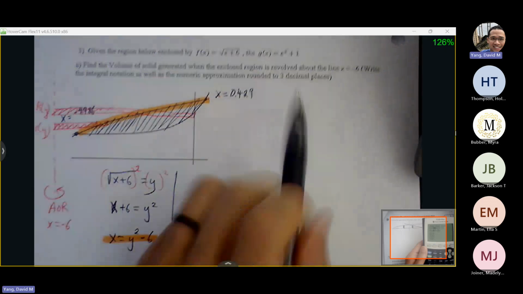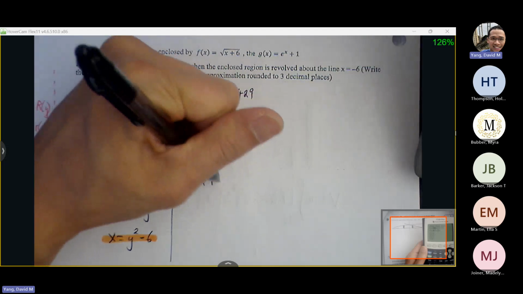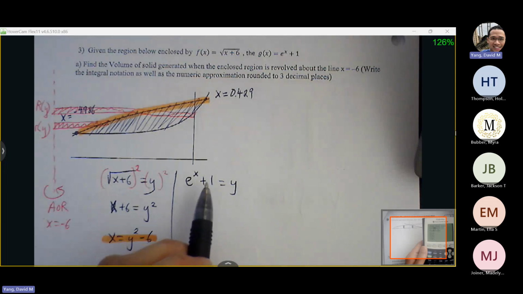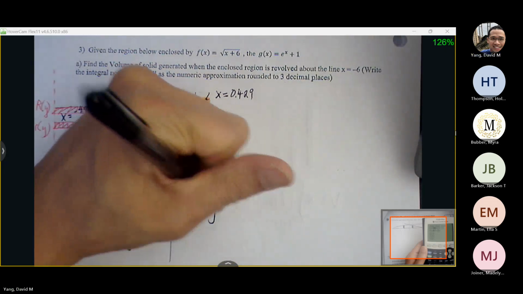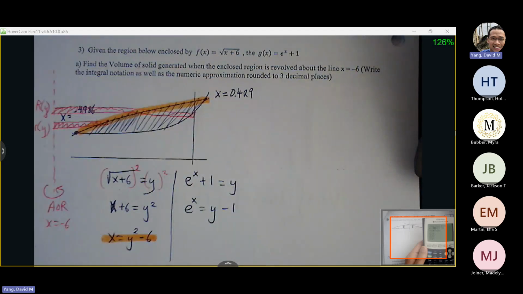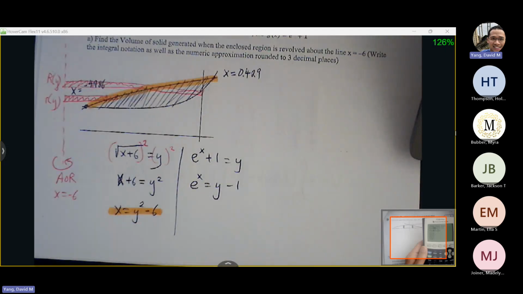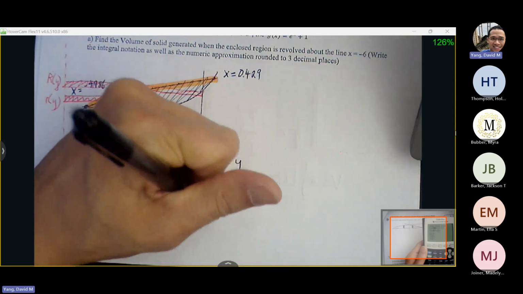All right, meanwhile, we have y equals e to the x plus 1. E to the x plus 1 is equal to y. I would like to solve for x, but let me get that e to the x by itself first. So I'm going to subtract 1 from both sides of the equation. I want to bring that x down, but that x is sitting in the exponent. Let me take the natural log of both sides to take advantage of my log property.